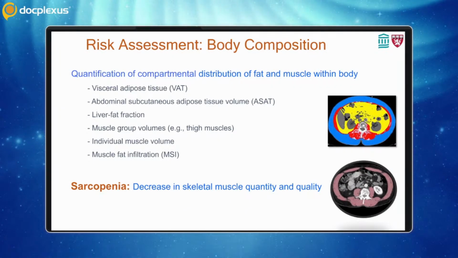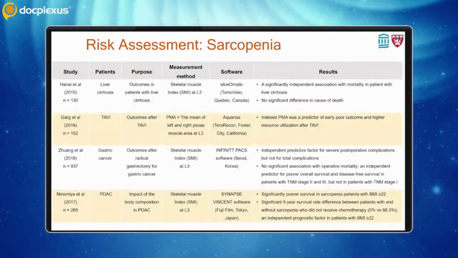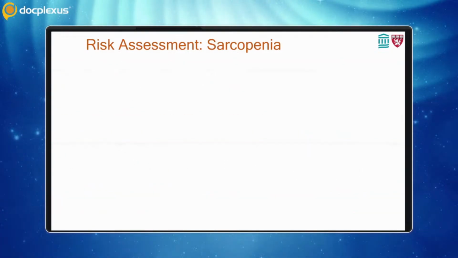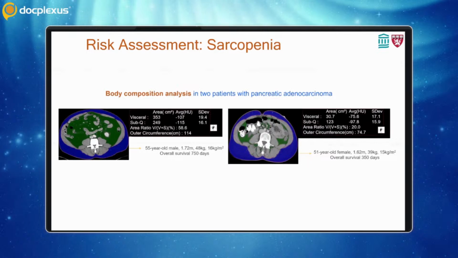And while sarcopenia was initially considered an age-related phenomenon, it is being increasingly realized that it can occur in younger patients, and in patients with cancer it could be a prognostic indicator. For example, here are two examples in patients with pancreatic cancer. As you can see, in a patient with more muscle mass, the overall survival was much longer as opposed to a patient with lower muscle mass.